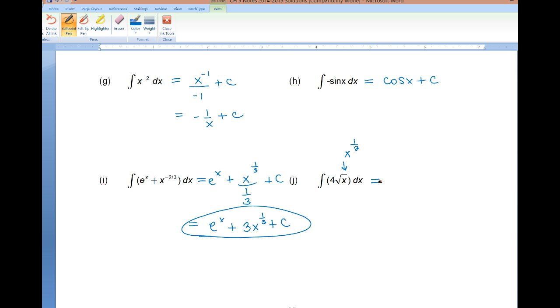No, 4 is just a coefficient, so it's just going to be 4x to the 3/2 over 3/2. So what does that look like when we simplify it? 8 over 3 x to the 3/2 plus c. That's it?